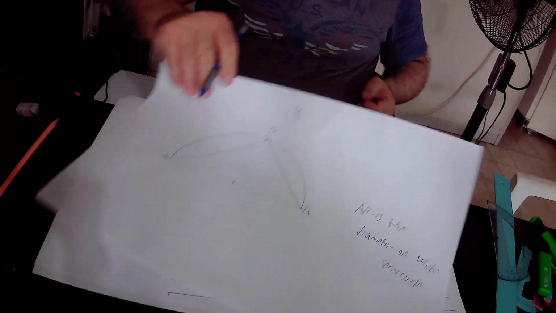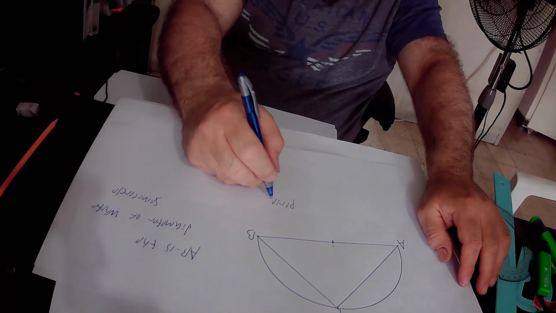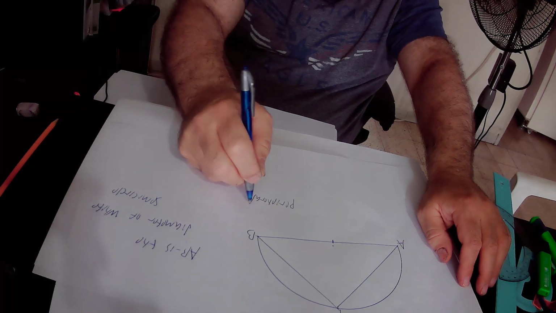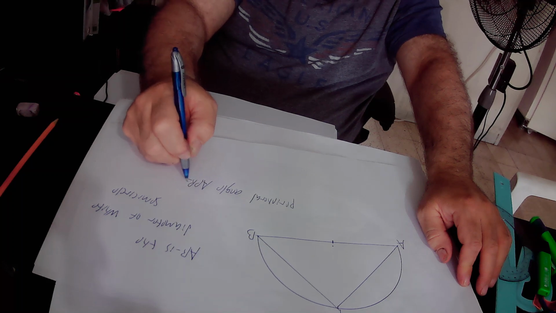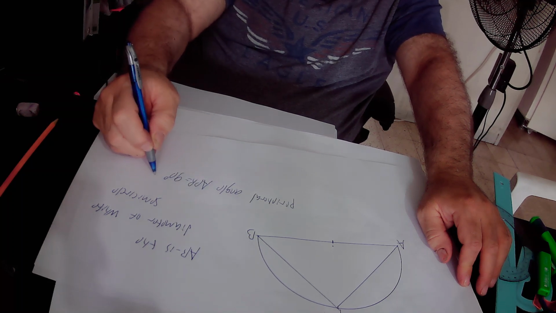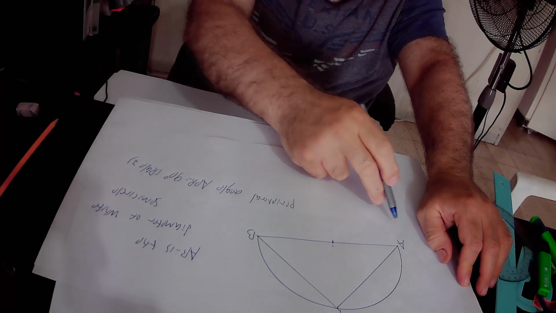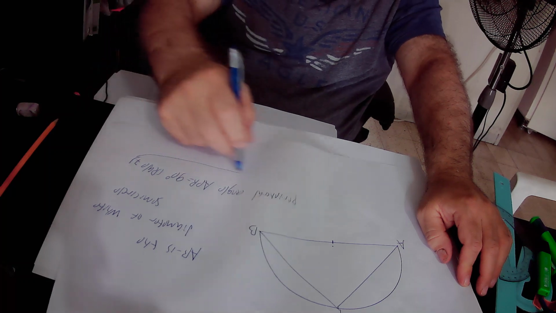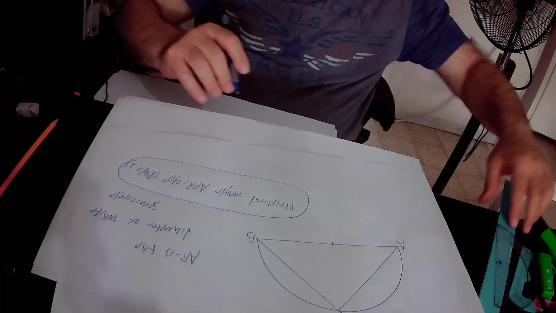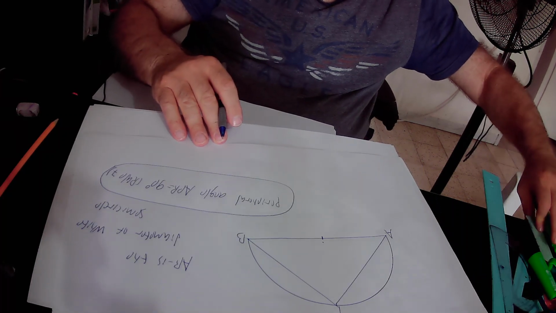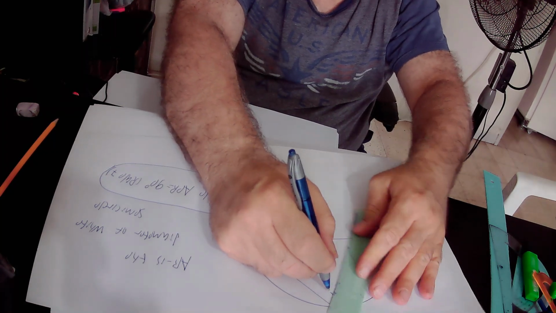So I write it down: peripheral angle APB equals 90 degrees according to rule 7 because it is subtended on the diameter of this semicircle. Okay, so angle APB is a right angle according to rule 7.